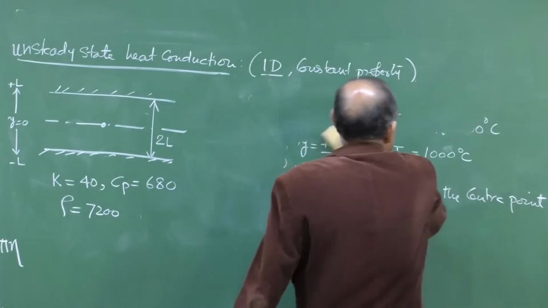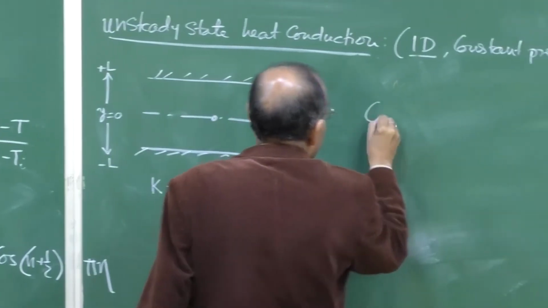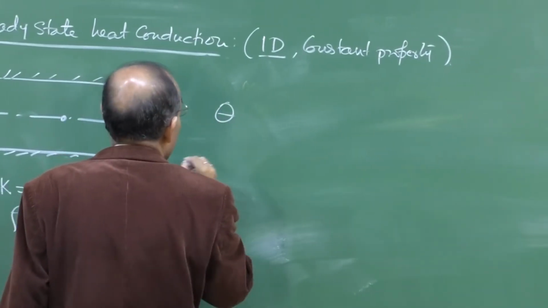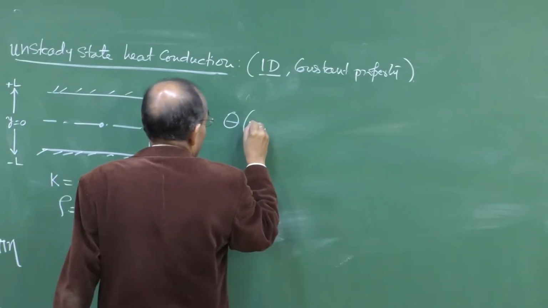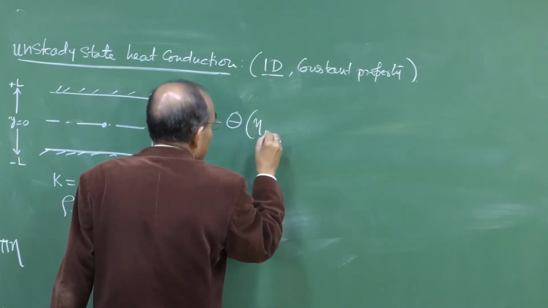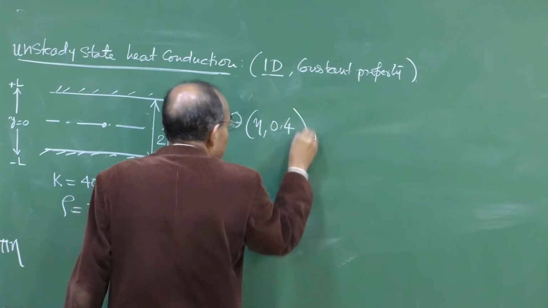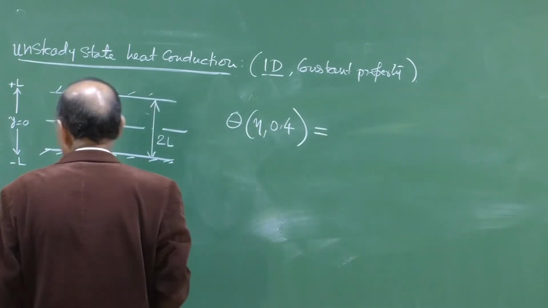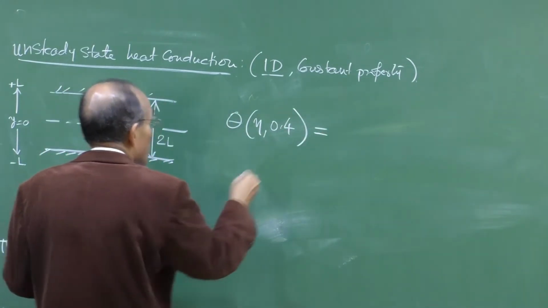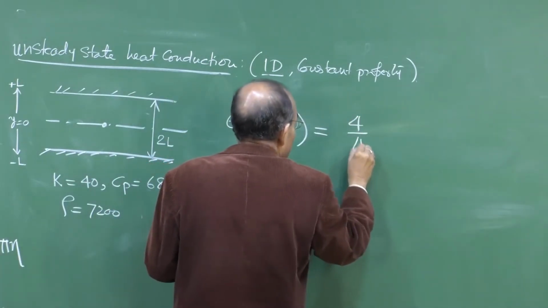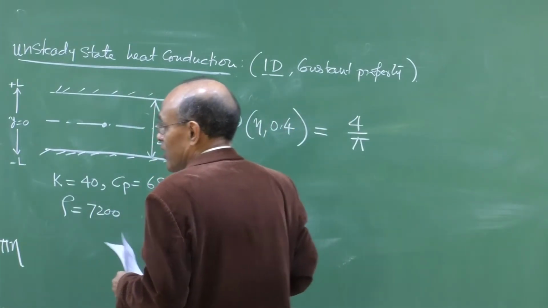So, if that is the case, then we can say theta, and we want to have large time. So, it is 0.4, and therefore, our expression is going to be 4 by pi. Only the first term after expansion.